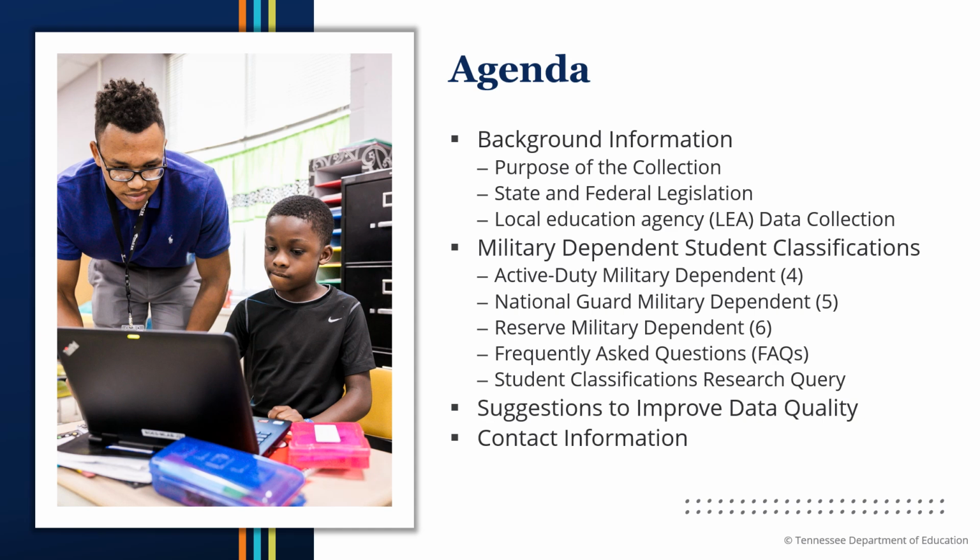We'll discuss the 3 student classifications: active duty military dependent 4, National Guard military dependent 5, Reserve military dependent 6. We'll also touch on 3 frequently asked questions and review how to use the Student Classifications Research Query to check your data. We'll conclude with suggestions to improve data quality and contact information.